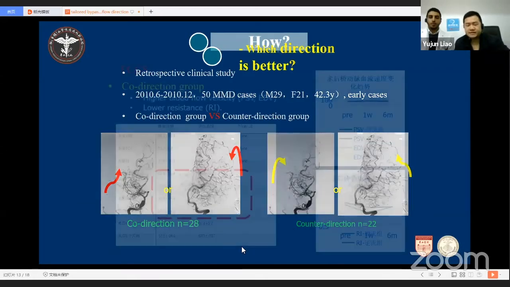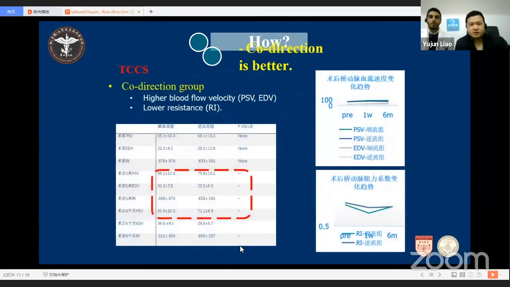We analyzed the clinical results, and we found that in the co-direction group, during the early follow-up and the 6-month follow-up, the strategy can get a higher blood flow of the STA with lower resistance of the STA.